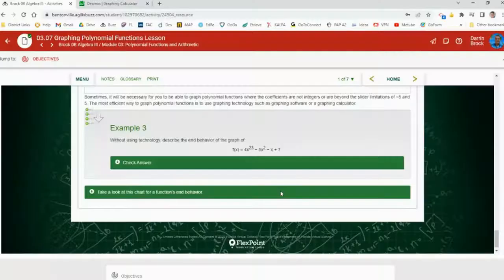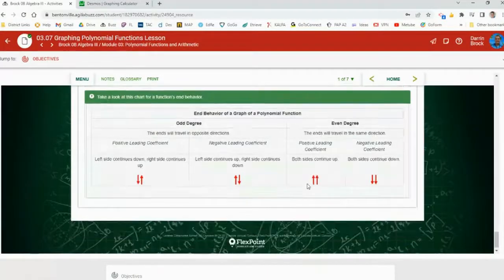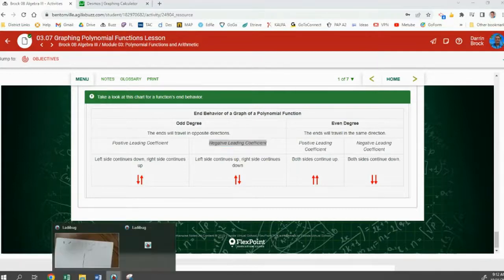All right? We got a chart right here. If you have a positive leading coefficient, this one goes down, this one goes up for an odd function. If it's a negative leading coefficient, then it goes up, then down. So this is a negative, this is a positive.